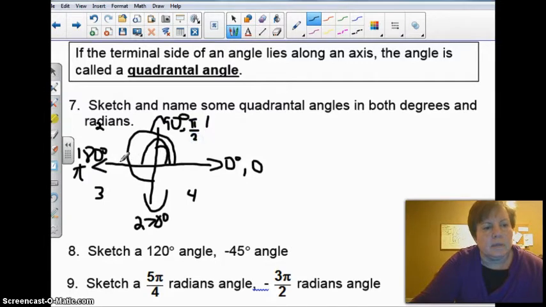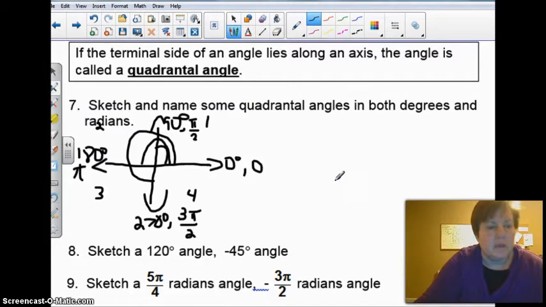Okay. And so this is 1 whole pi, and then we're going another half a pi, so that's 1.5 pi, or we can simply say 3 pi over 2.